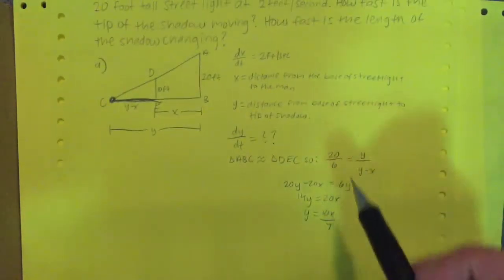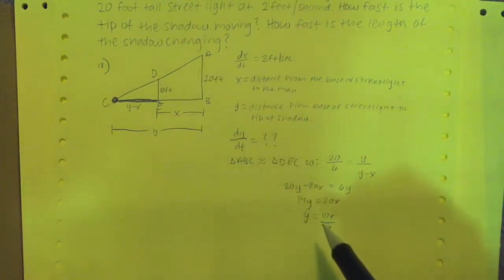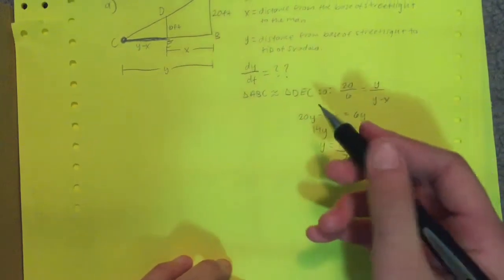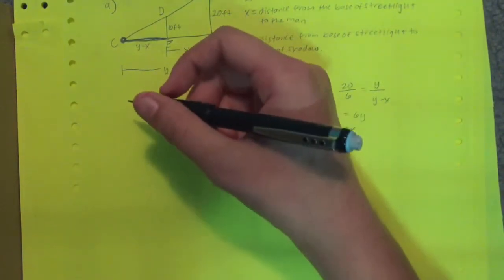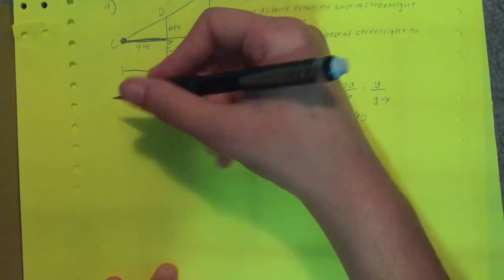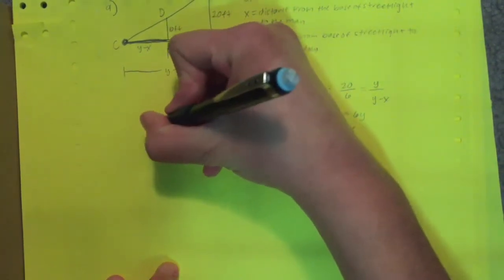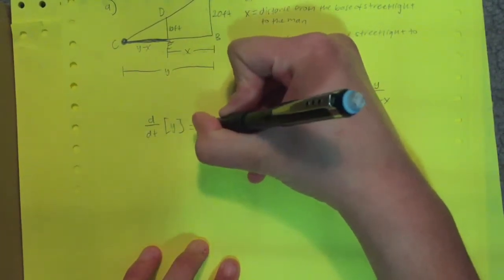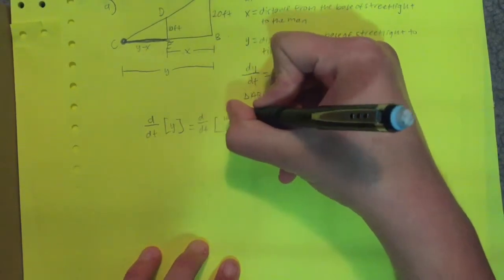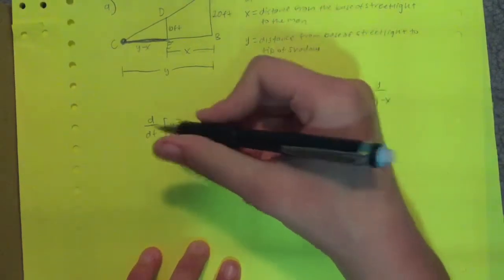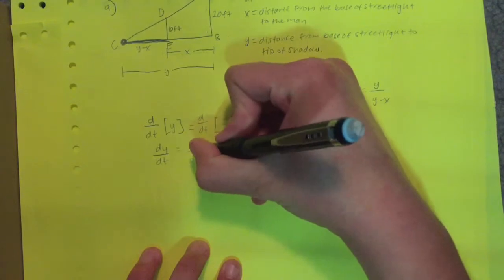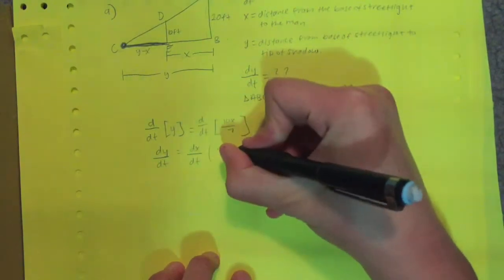Now we have our givens, our unknown, and our equation. So now we can implicitly differentiate both sides. d/dt of y equals d/dt of 10x over 7. So dy/dt is equal to dx/dt times 10 over 7.